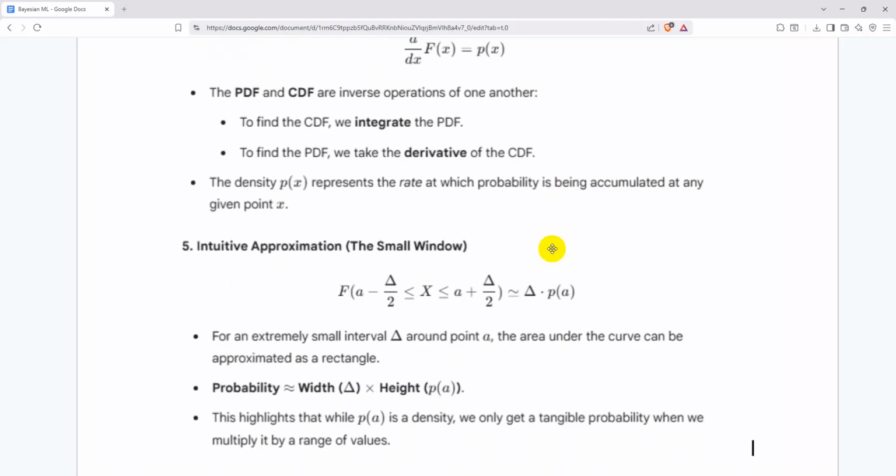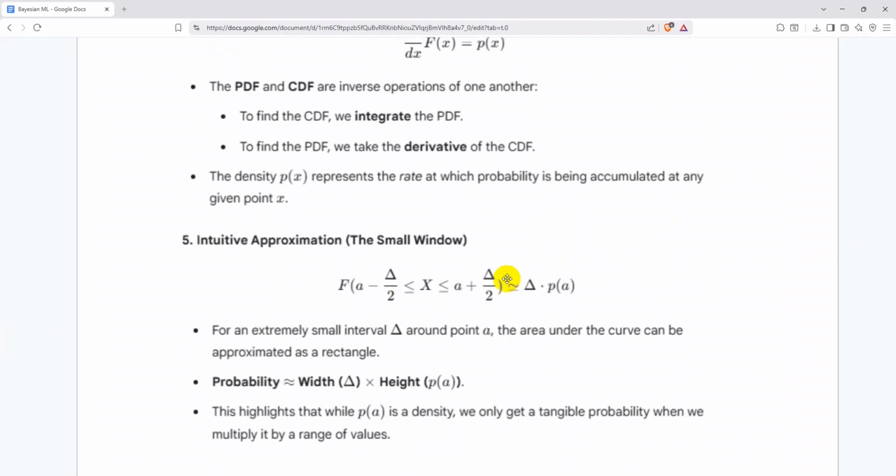Now let's make this even more practical. This particular formula here looks very complex, but the idea is very simple. Take a very small interval around a point a on a curve. Because the interval is so small, the curve looks almost like a flat line there. So we can approximate it as a rectangle.